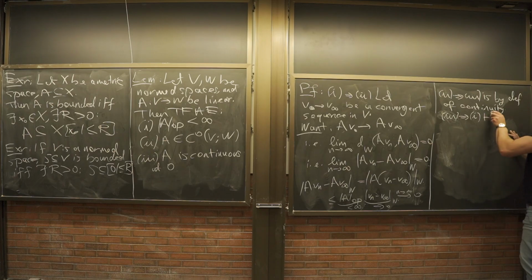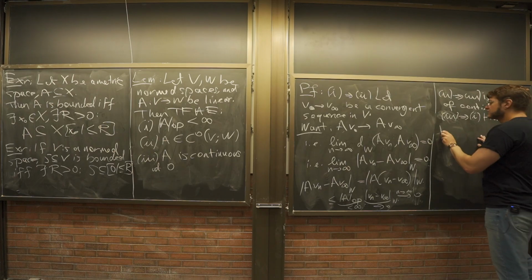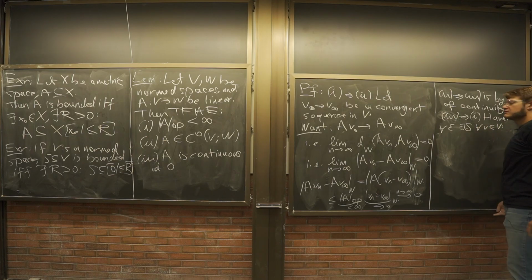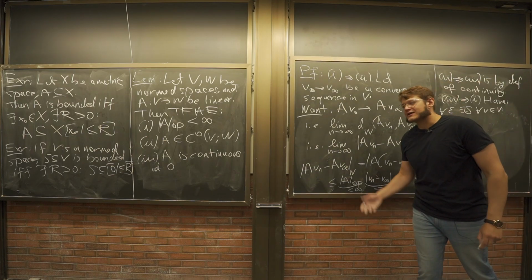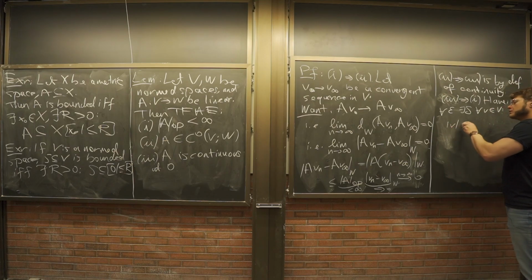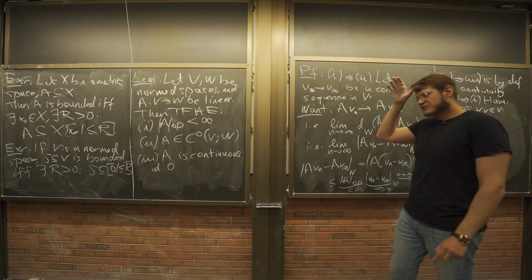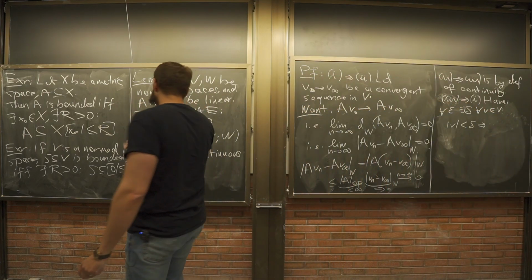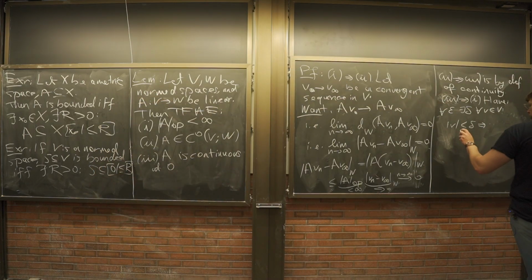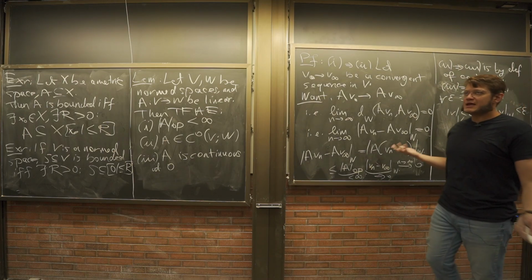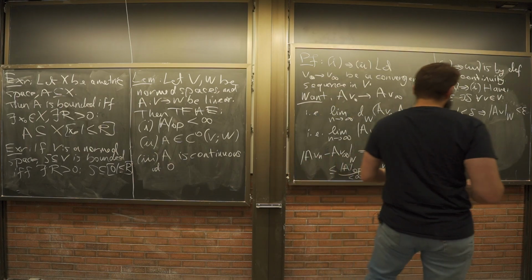So we have that for any epsilon, there's a delta such that for any v in V, if the distance between V and 0, that is to say if the norm of V, is bounded by delta, then the distance between AV and A0, that is to say the norm of AV, is bounded by epsilon. We have this. In particular, let's say for epsilon equals 1, I have some delta for which this works.